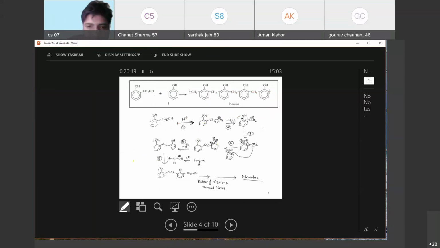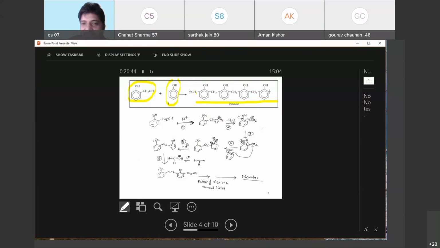So you see here we have this orthohydroxymethylphenol. This orthohydroxymethylphenol reacts with phenol under acidic conditions, and it will give you a linear polymer like this.